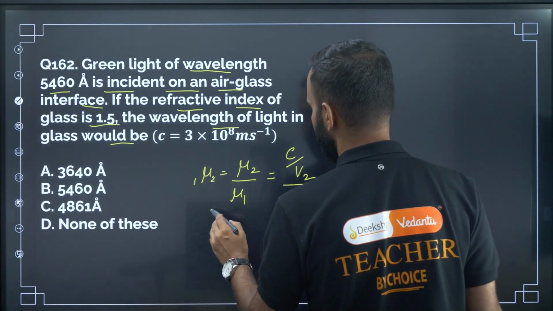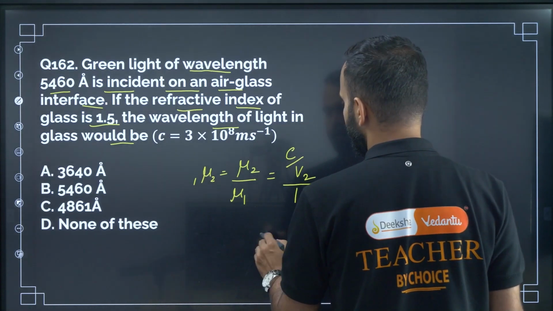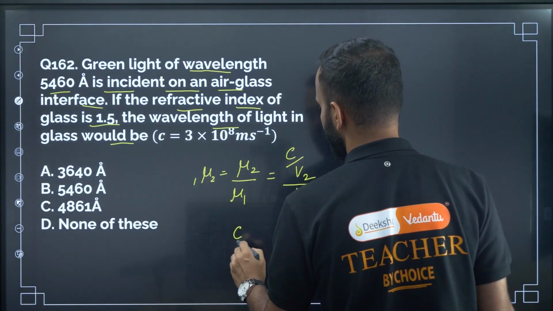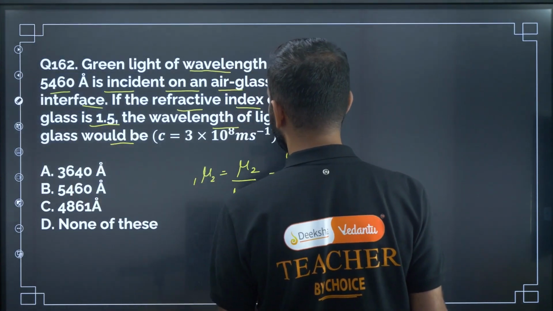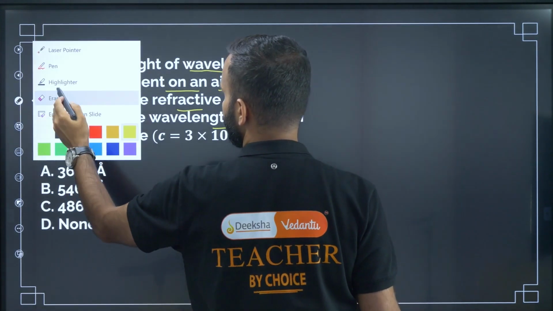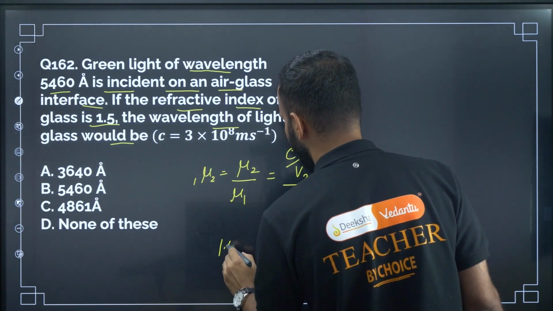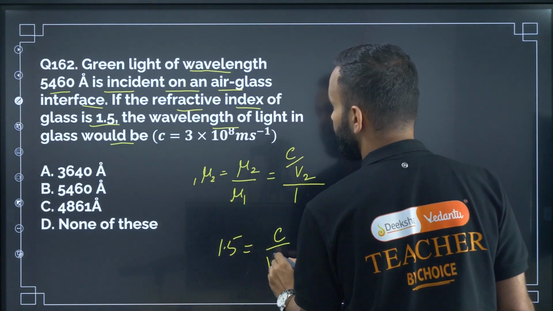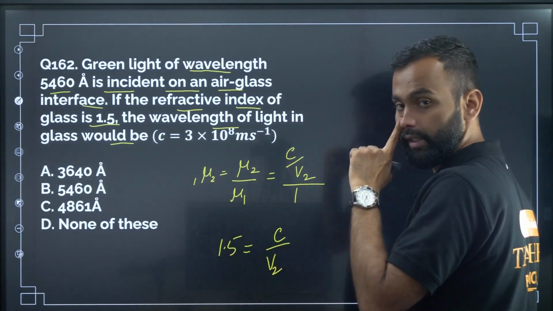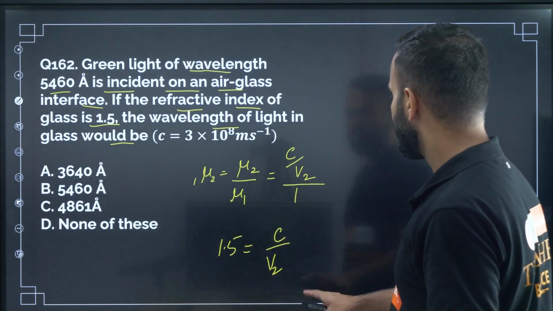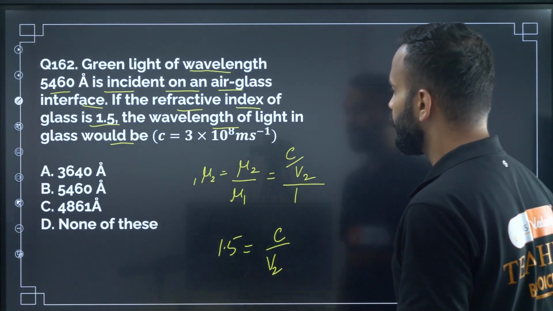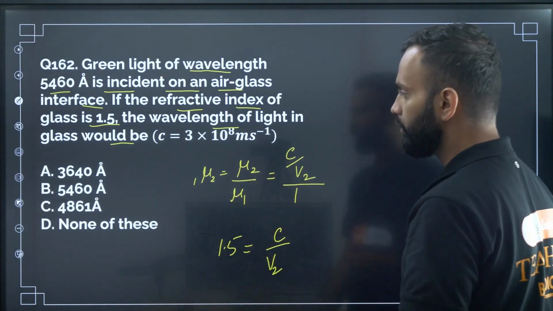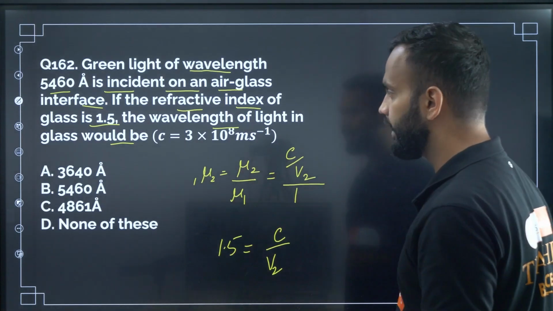Then mu2 divided by mu1 is equal to 1.5. 1.5 is equal to C divided by V2. What we need to find here is the wavelength of the light in glass.